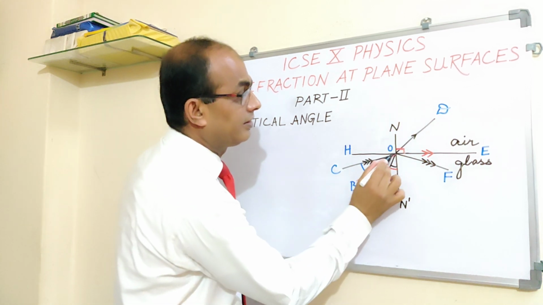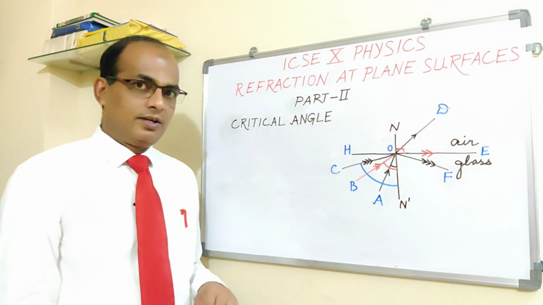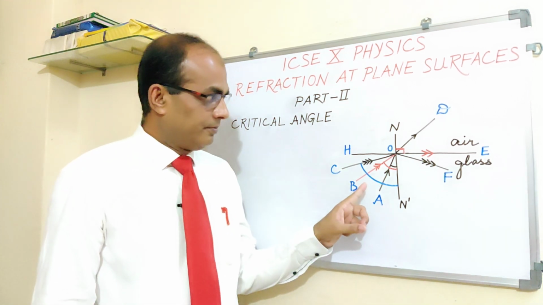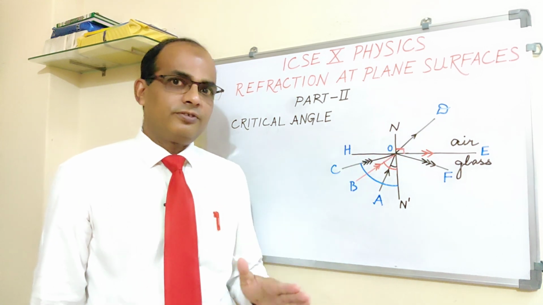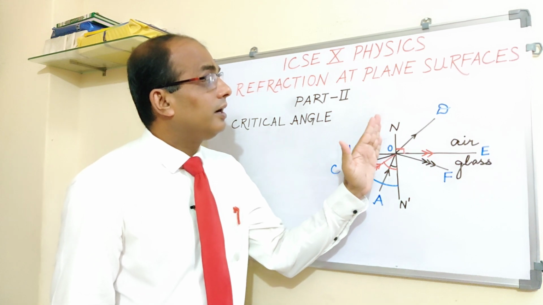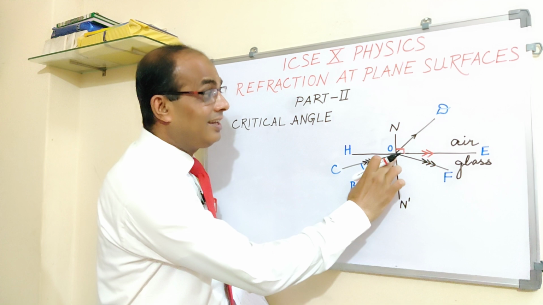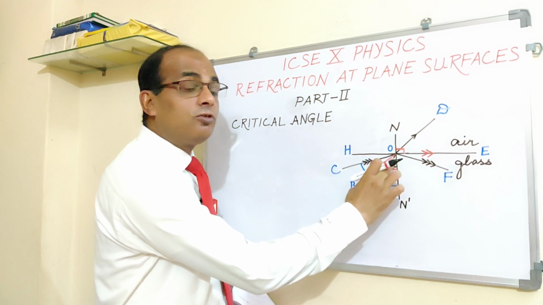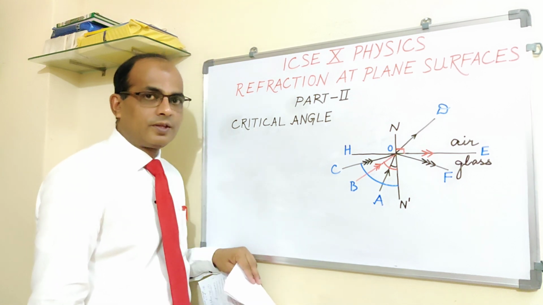The actual path of AO is this. Because light travels on a straight line path, it should have gone straight, but it suffers refraction and goes away from the normal. So for the incident ray AO, the corresponding refracted ray is OD.